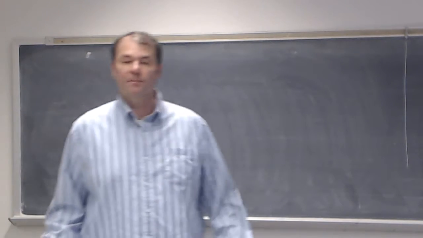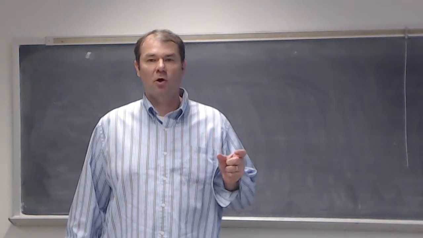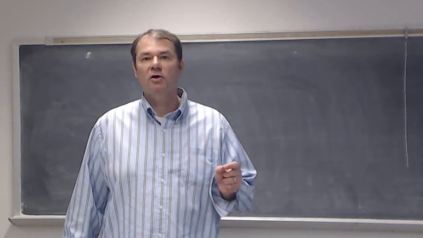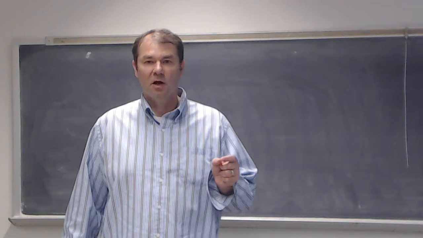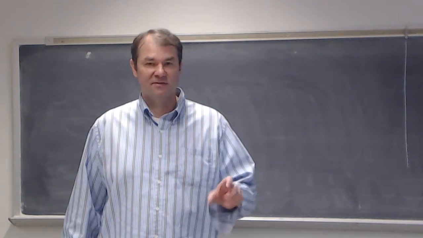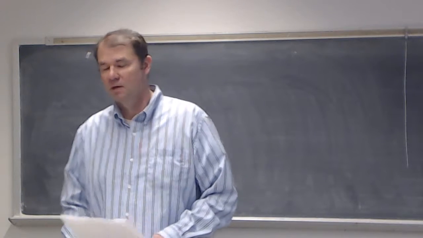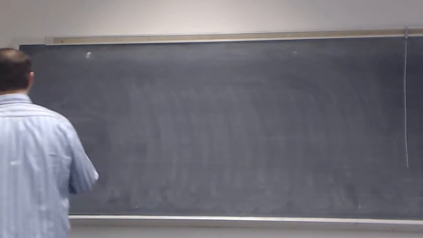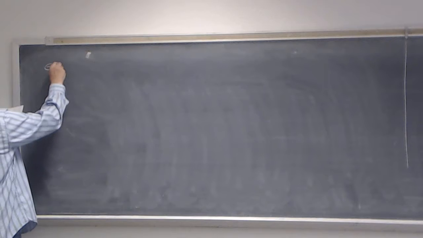Okay, so let's go ahead and get started about trying to determine whether two random variables are independent or not by looking at their joint PMF or joint PDF and see if it's the product of individual aspects of the random variable. So here's an example.